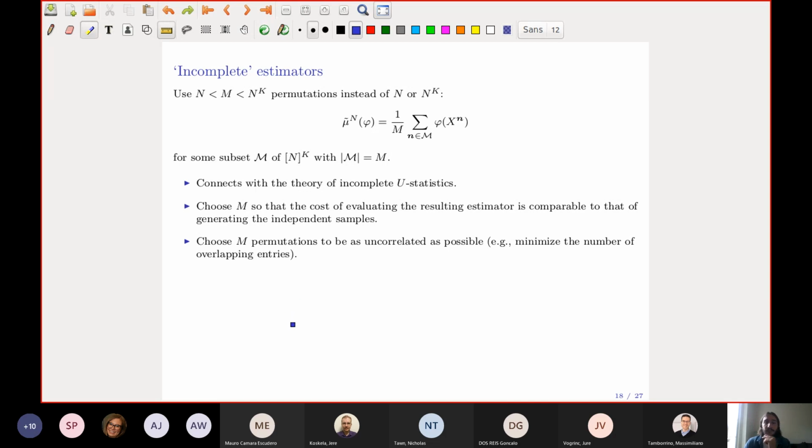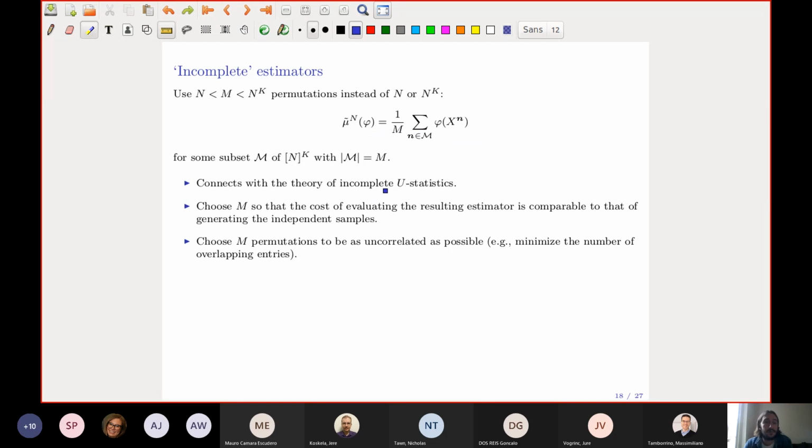I'm going to come back to this, but before I do, I want to make one last comment. And it's this: we don't have to be so black and white. We don't have to use the n independent samples or all possible permutations we can make. We can instead make some permutations and not all of them, and then take the average with respect to whatever permutations we've made.